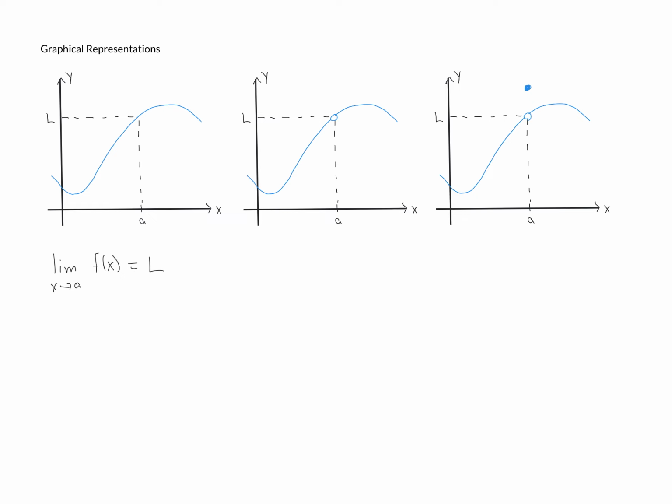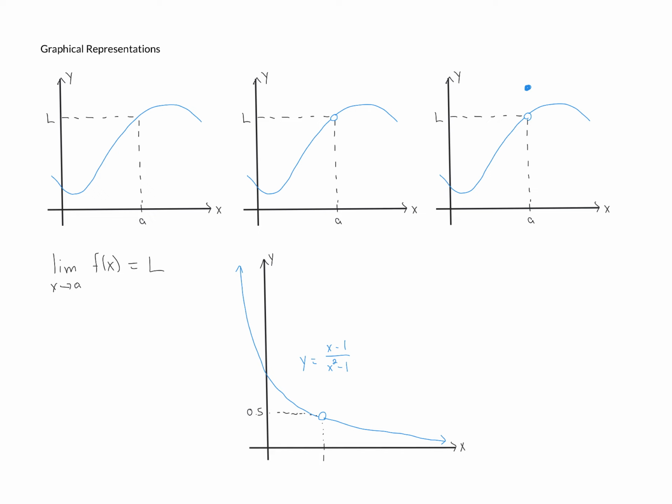All right, I want to do one more quick graph of an actual numerical example. Here's a quick sketch of the graph of y equals (x minus 1) over (x squared minus 1). It's not perfect, drawn by hand on my iPad, but it is a sketch.